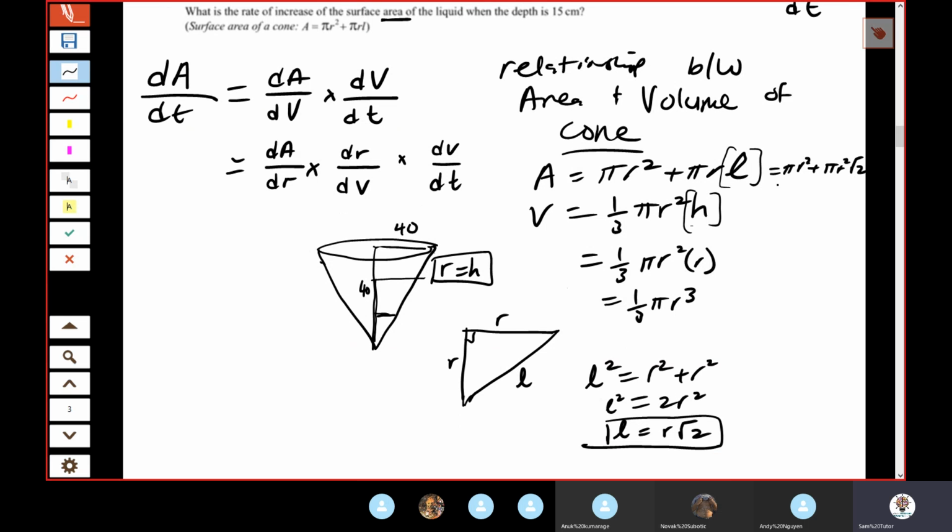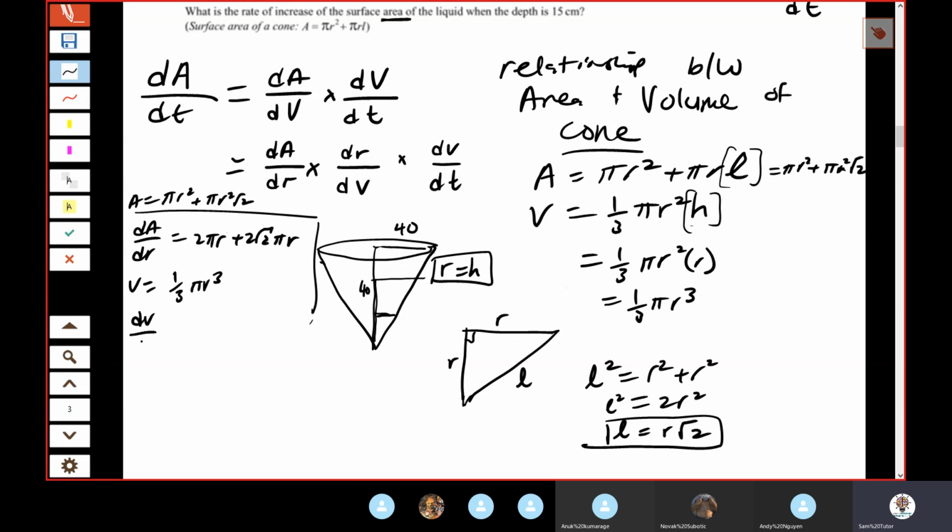Okay. Well, now that you've got R and R, V with R's, A with R's, we can actually go ahead and find dA on dr. So, dA on dr, I'll just write on the top, A equals pi R squared plus pi R squared root 2, so that becomes 2 pi R. And this becomes 2 root 2 pi R. It's easier to write like that. dV on dr, so volume equals 1/3 pi R cubed.